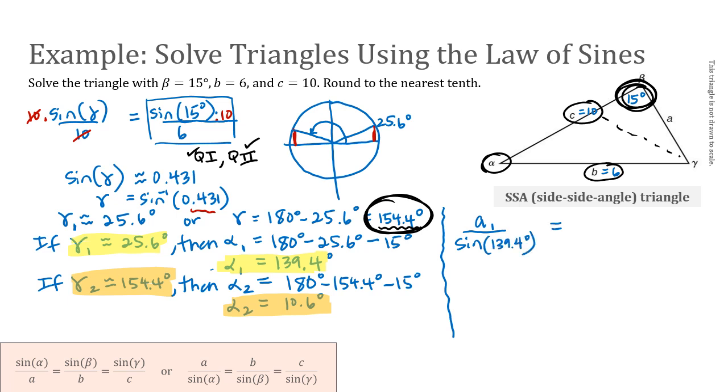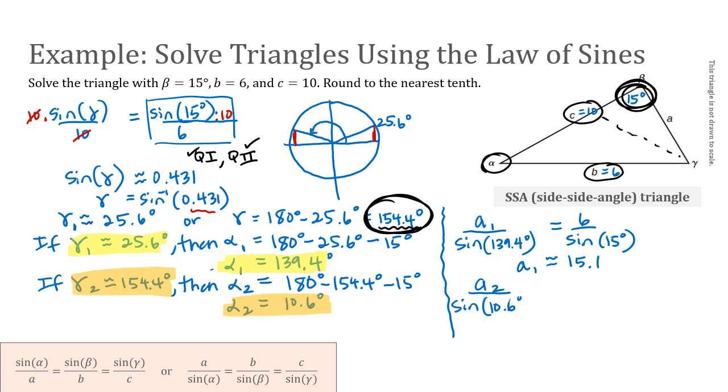Still going to set it equal to my anchor, 6 over the sine of 15 degrees. I'll leave the solving to you. I got that side A sub 1 was approximately 15.1.